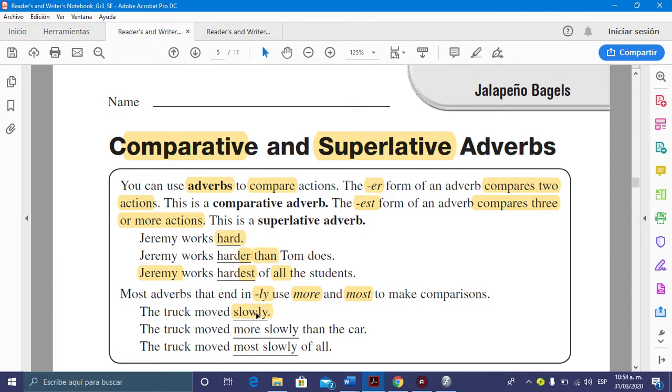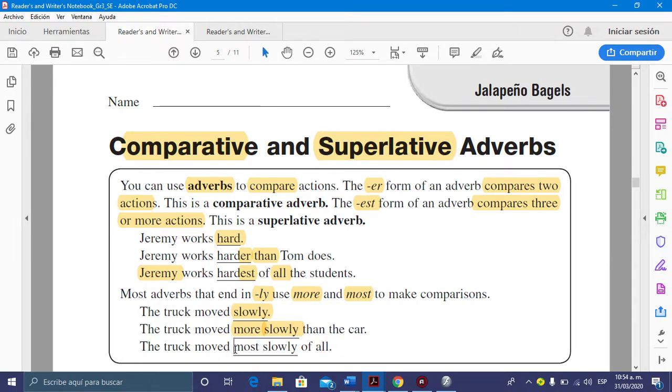I have to add more. The truck moved more slowly than the car. So you have to add the word more, and you have to write your adverb. More slowly. Now, how do I form superlative?